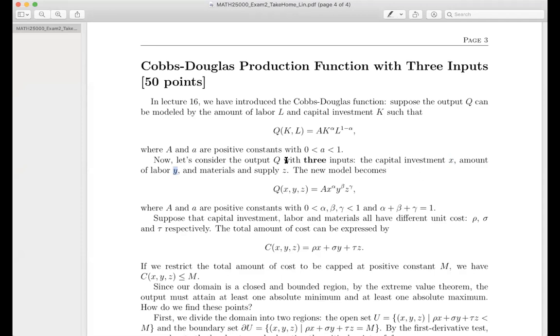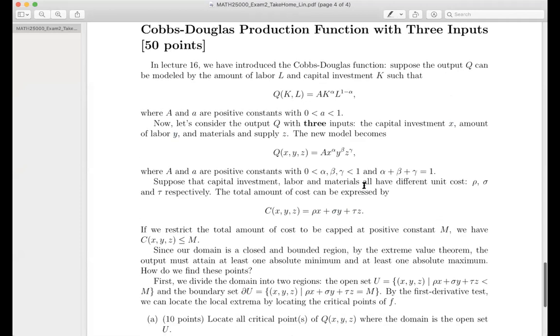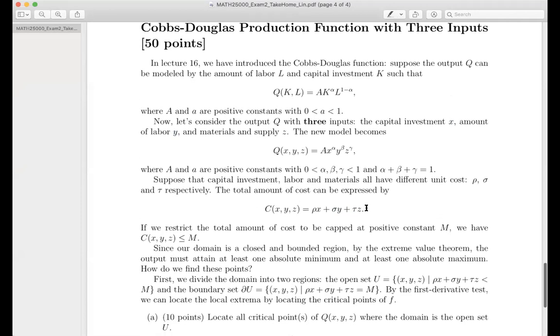In some environment, the materials and supplies cost more. And the unit cost is rho, sigma, and tau. So the total cost is basically rho x plus sigma y plus tau z.